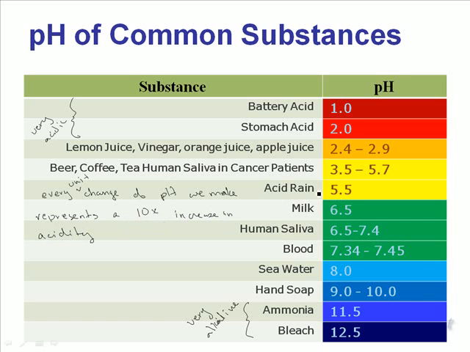And here's what that means. If we take a look at, say, acid rain and milk, they differ in acidity by 1 point. Acid rain is 5.5, milk is 6.5. What this means is acid rain is 10 times more acidic than milk.